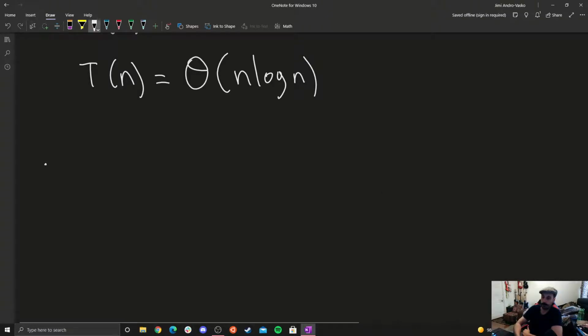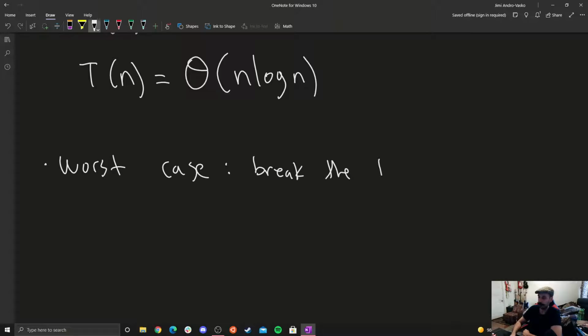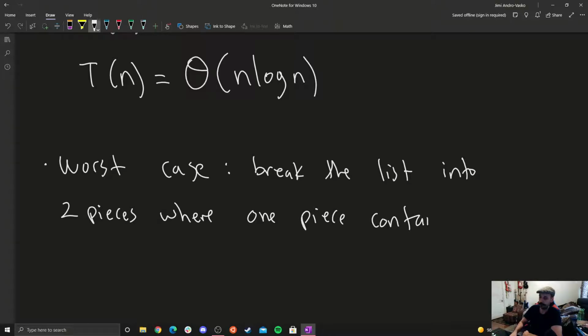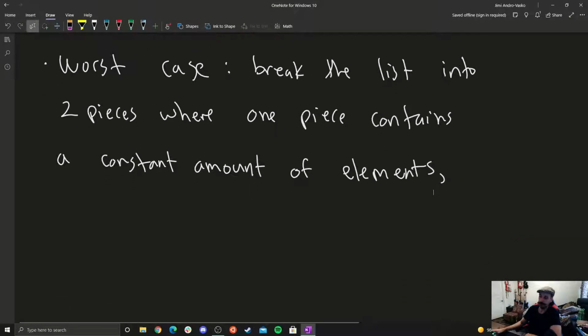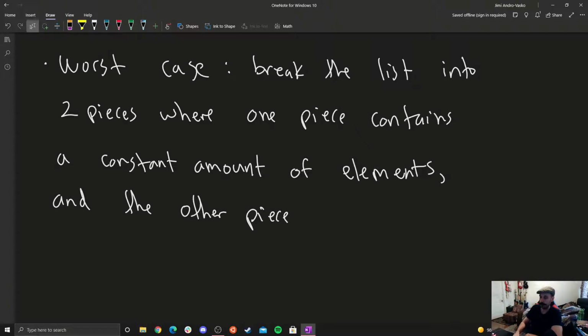Now, the worst case for quicksort is when we break the list into, again, two pieces, where one piece contains a constant amount of elements, and the other piece contains n minus c.